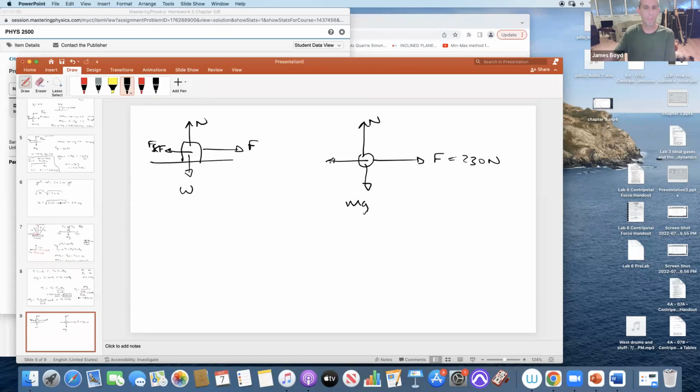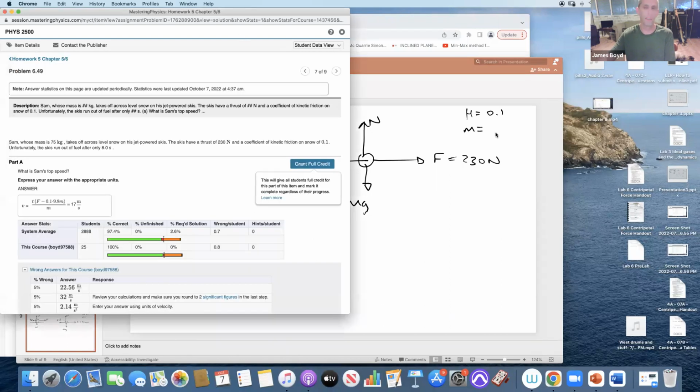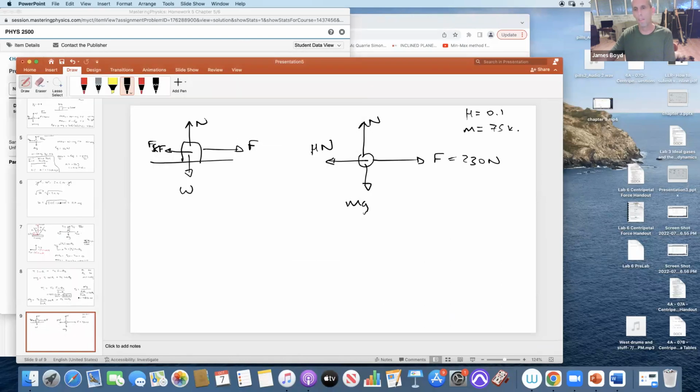And my friction force is mu N. Mu was 0.1, m was 75 kilograms. We don't need to know the time yet, but we will eventually. So the time was 8.0 seconds. But let's find a first. So ma_y is N minus mg.